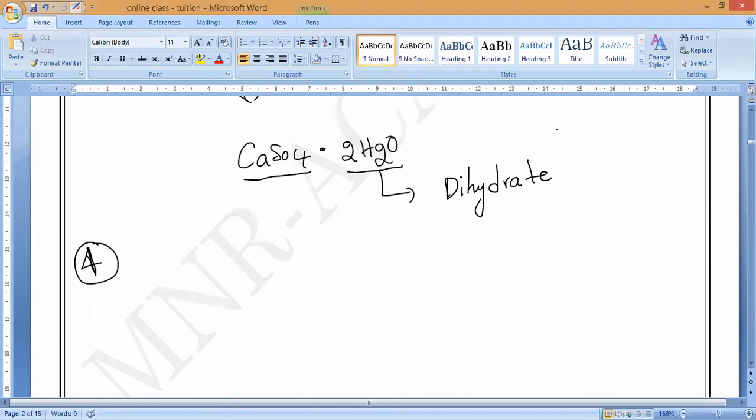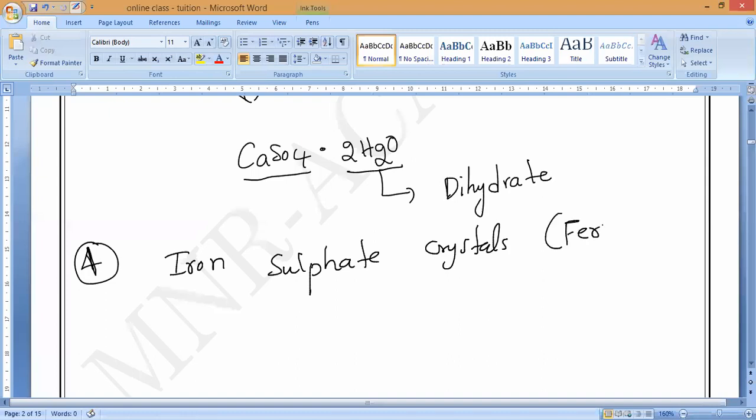Now let us take iron sulfate crystals, also called ferrous sulfate. Ferrous sulfate crystals contain 7H2O molecules.